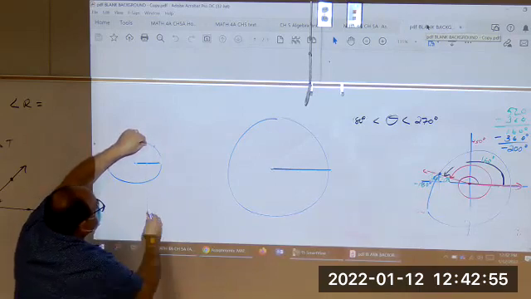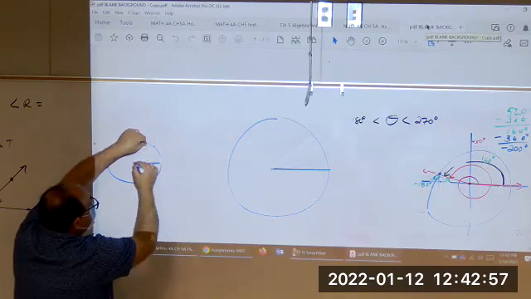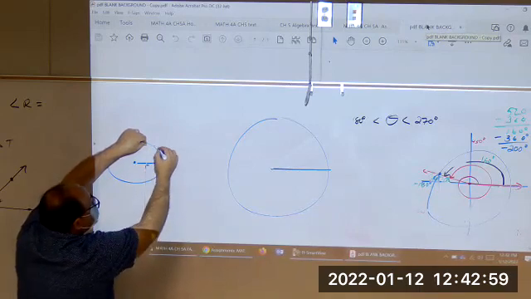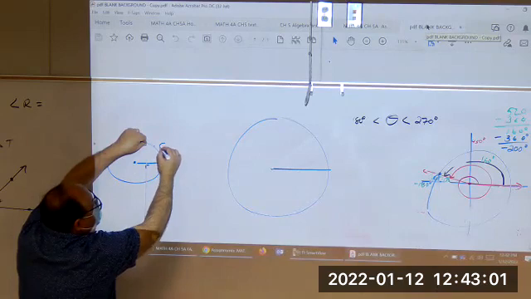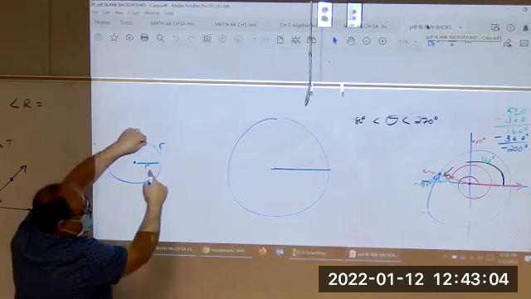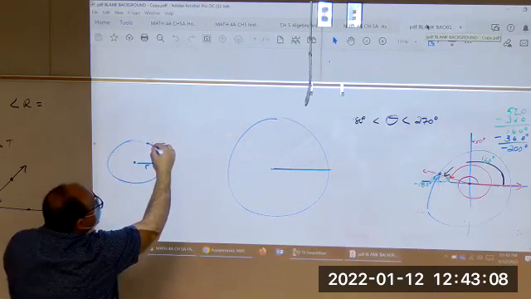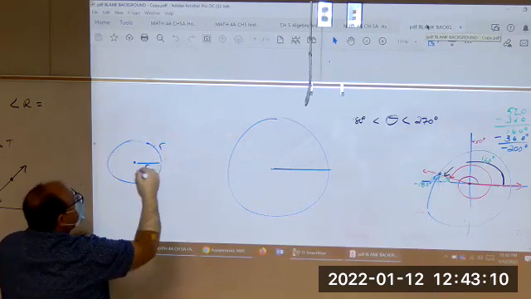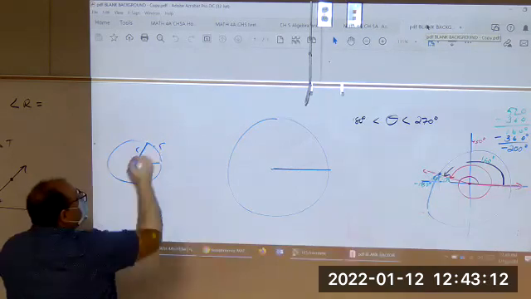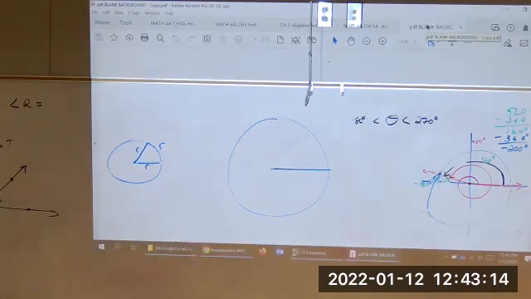So in other words, here's the length of the radius. The arc is also, if that's 3 centimeters, this is 3 centimeters. So this would also be the arc, because it's a radius, circle.